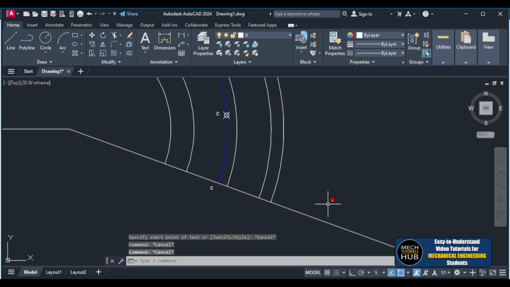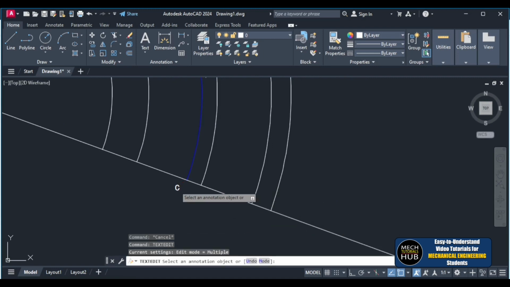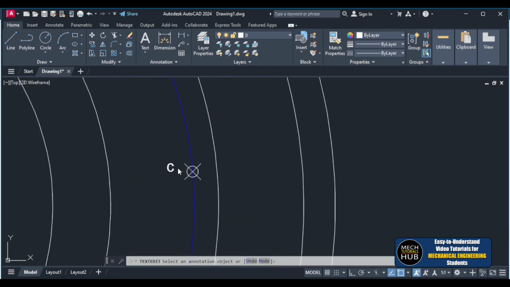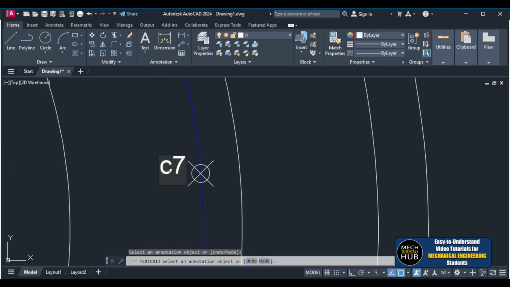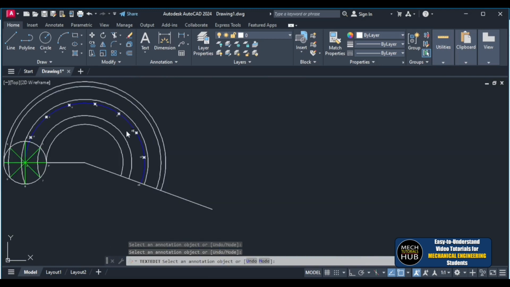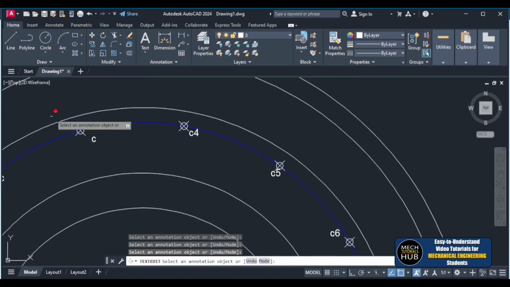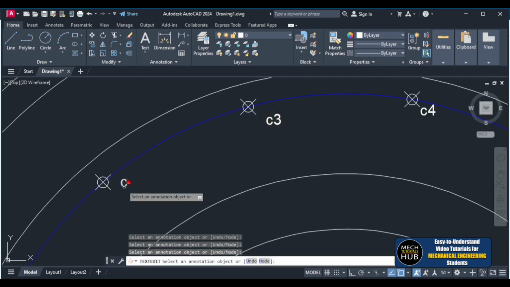I'll try to edit this now. Text edit. I'll try to edit this to C8, C7, C6, C5, C4, C3, C2, okay.